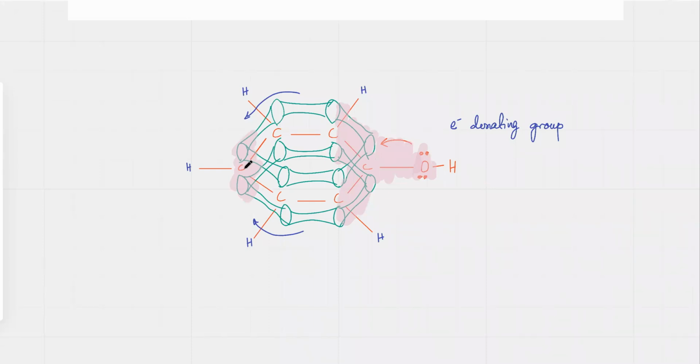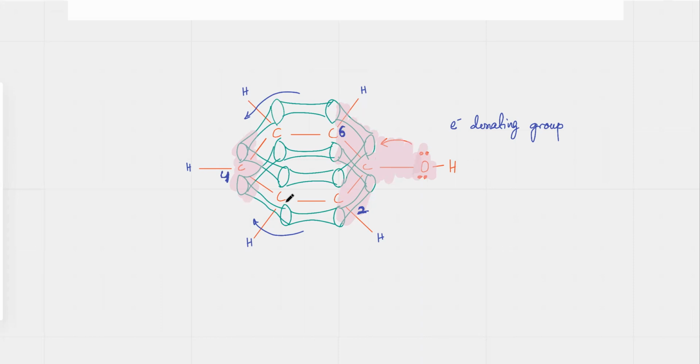So the end result is that you've got more negative charge on certain positions. What positions? I'm going to start numbering them. The OH group is attached on carbon number 1. This is position number 2, this would be position number 4, and this over here is position number 6. So on carbon number 2, the electron density is high.